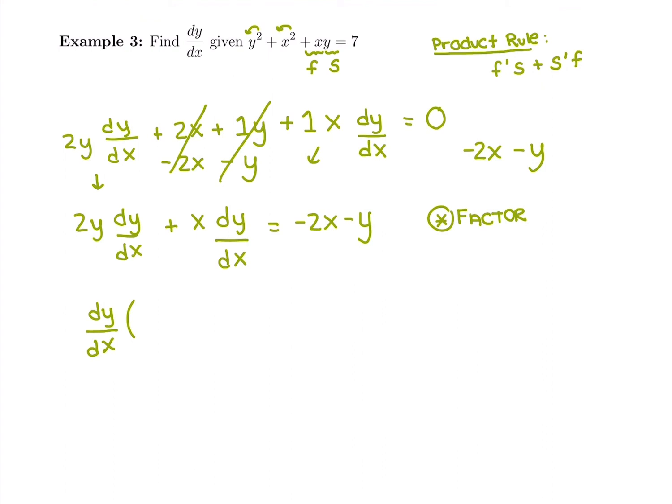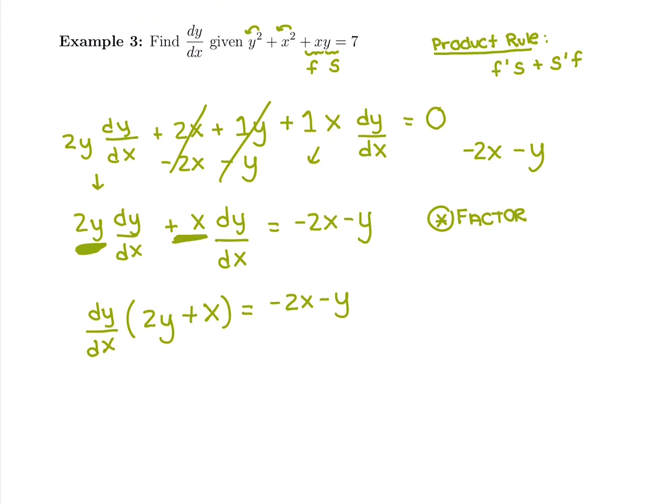You pull out a dy dx, and then you just think about what it was multiplied by. For the first term, it was multiplied by 2y, and the second term, it was multiplied by plus x. So pull out the dy dx, it was multiplied by 2y plus x, and on the other side, we have minus 2x minus y. My last thing, I don't have dy dx on one side by itself just yet because it's multiplied by 2y plus x.